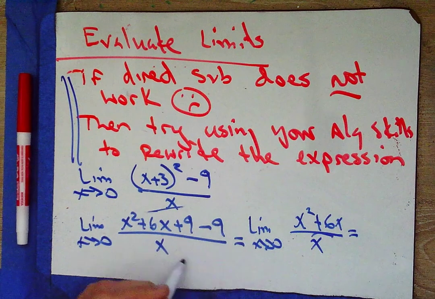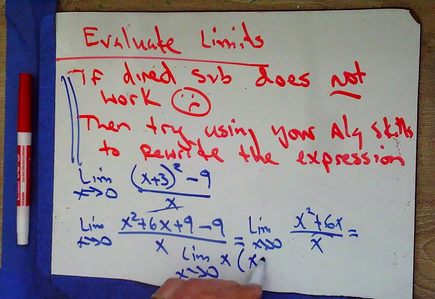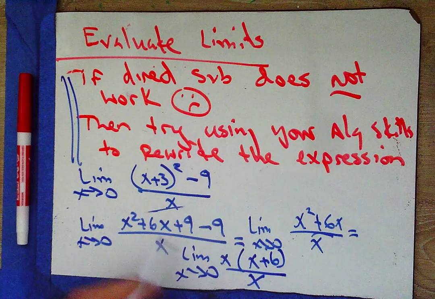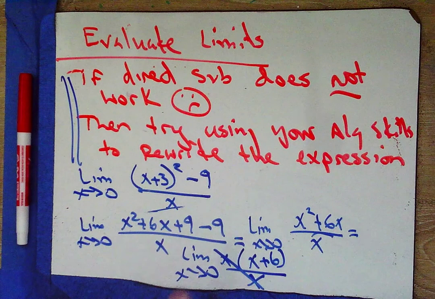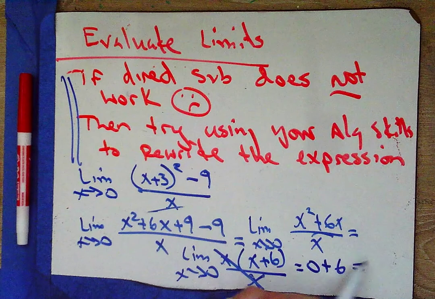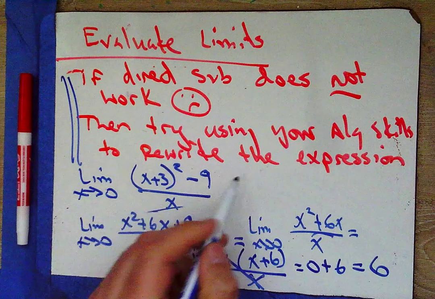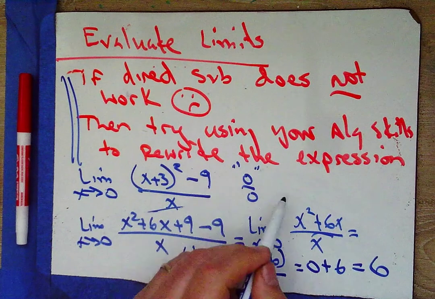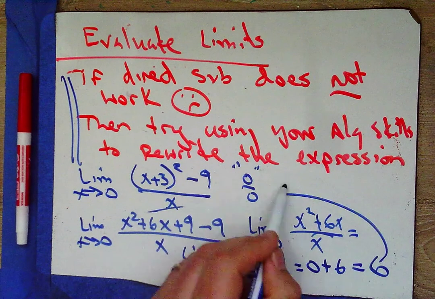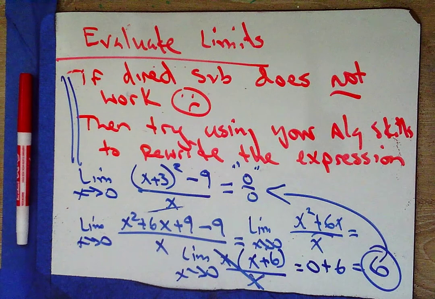And then I could factor an x out of the top and have x plus 6 over x and then cancel. Now if I plug a 0 in, I get 0 plus 6 or 6. So in this situation, when we get 0 over 0, that is actually equal to 6. 6 is the value of our limit here.